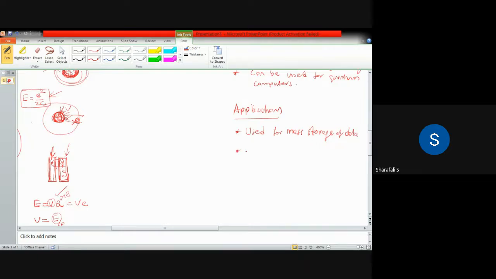And then we can use it in sensor technology, for different sensing applications. Then by using this, we can design logic gates, like the other transistors also, we can use this for designing logic gates.